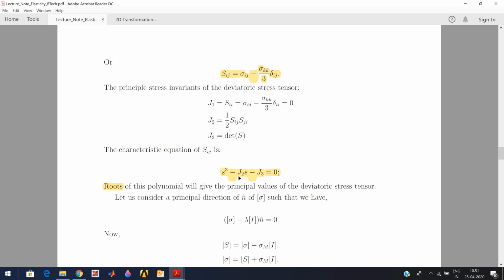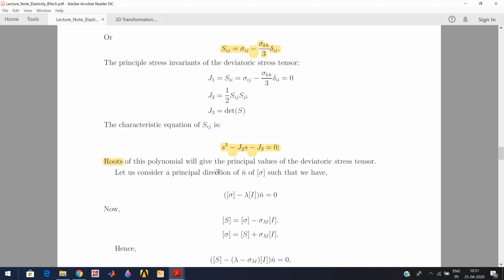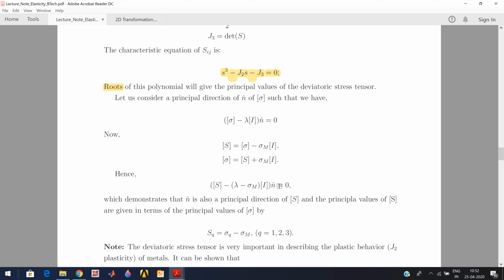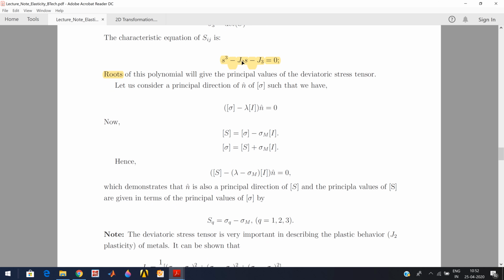We take the minus J2 because J2 with this minus sign will be a positive number, and that will be used in the J2 plasticity theory. So there is no other reason. Because this J2 will have some significance, we'll discuss J2 plasticity.